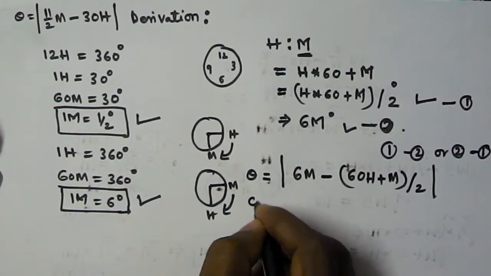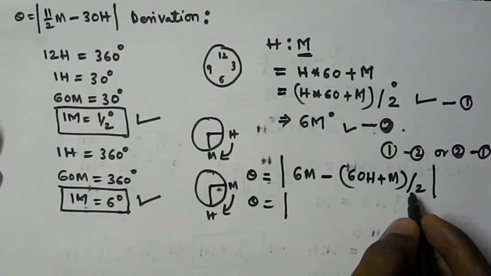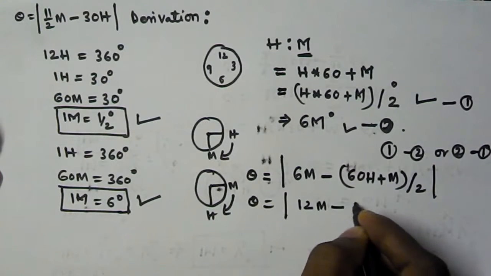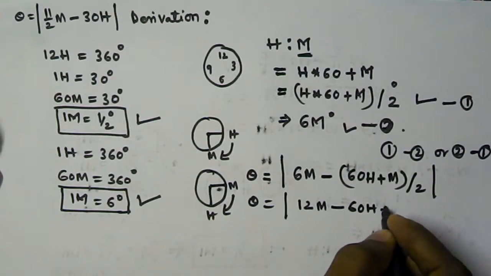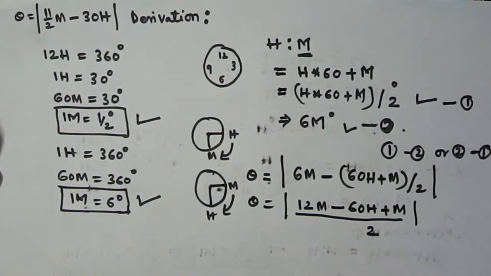Now theta is equal to 6m, which becomes 12m minus (60h plus m) by 2.